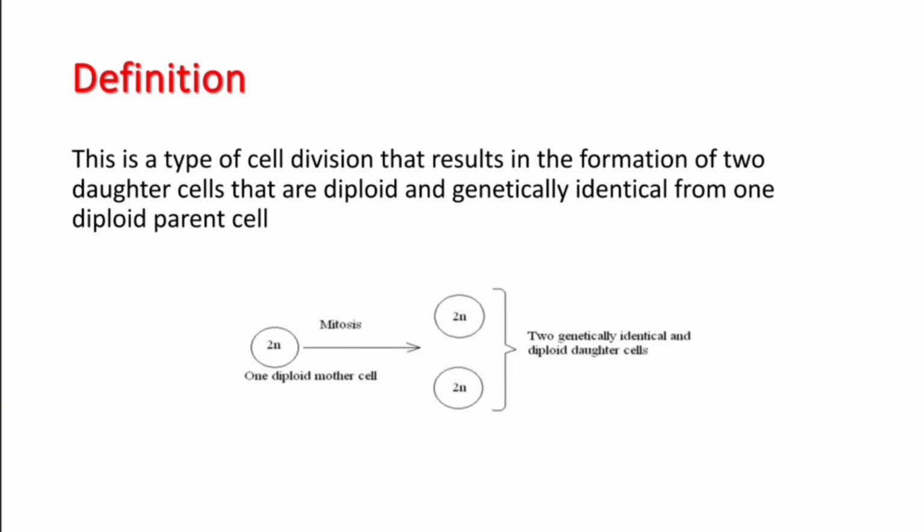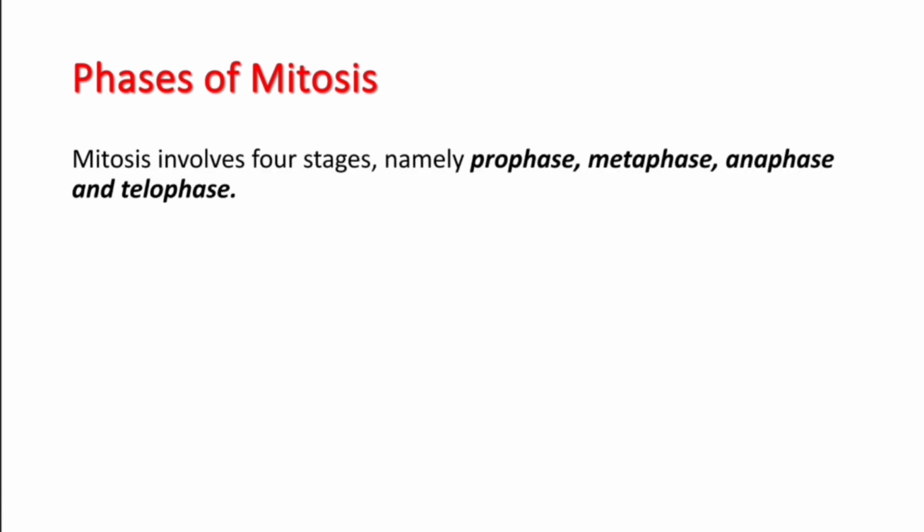Now, this process of cell division, mitosis, occurs in phases, and that is what I want to talk about in this tutorial video. So phases of mitosis. Mitosis involves 4 stages or phases, namely prophase, metaphase, anaphase, and telophase.